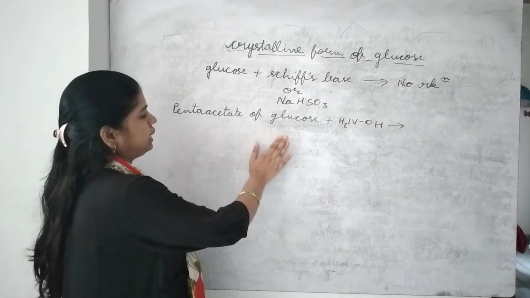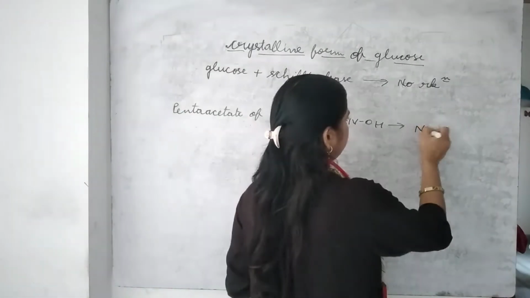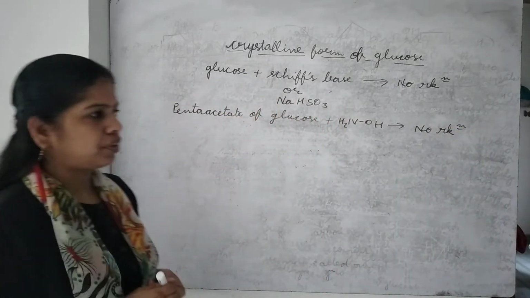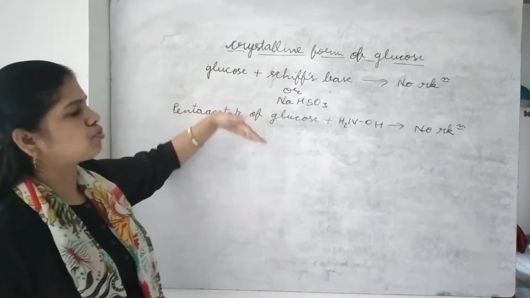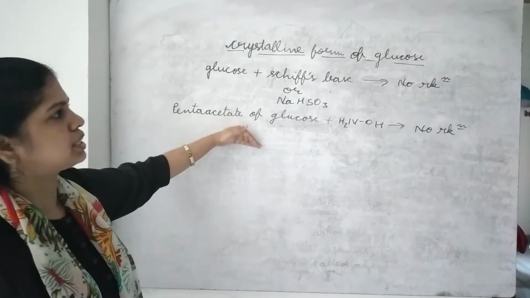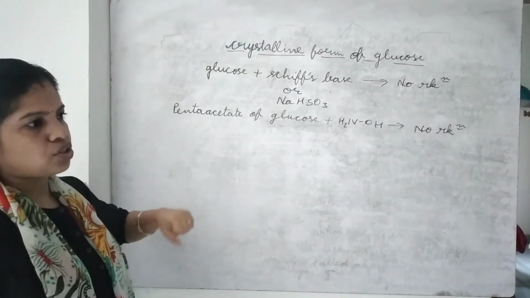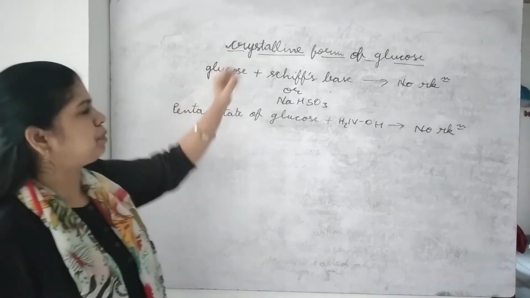So with the pentaacetate of glucose, this reaction does not occur. No reaction. So those reactions which are not possible with this form of glucose confirm that it has a cyclic structure. So first of all, I will discuss their preparation.